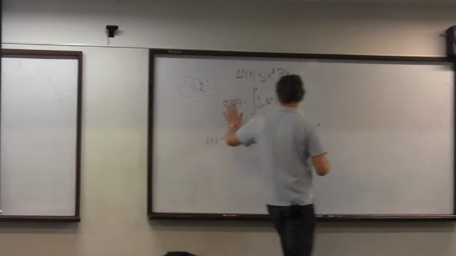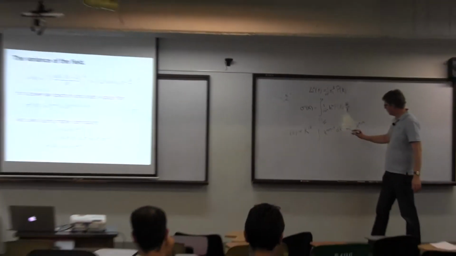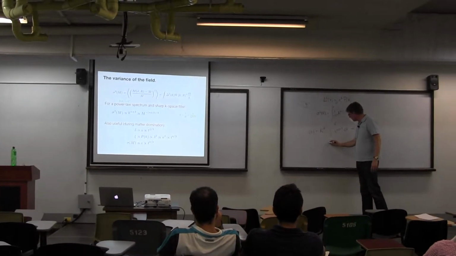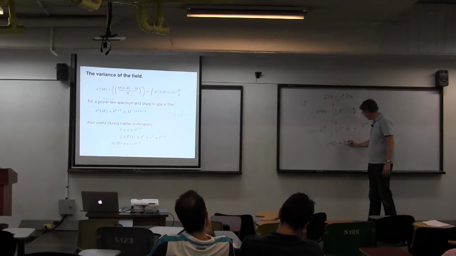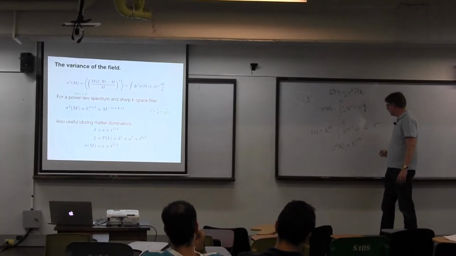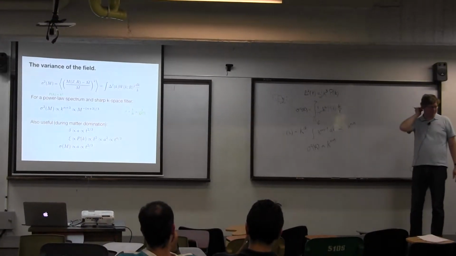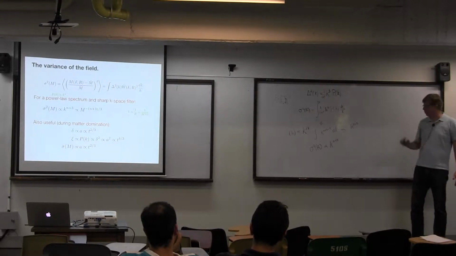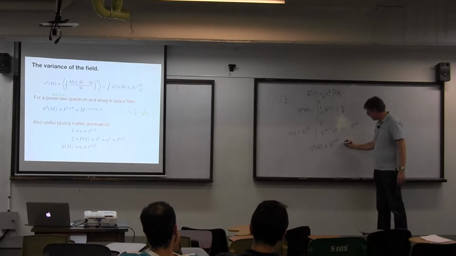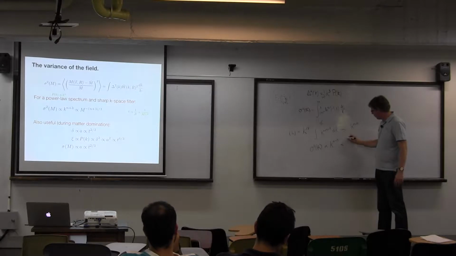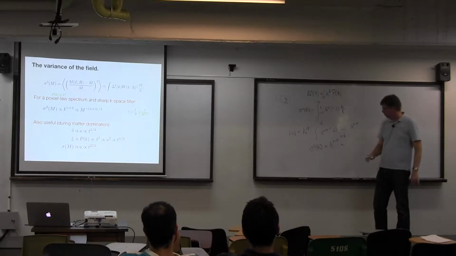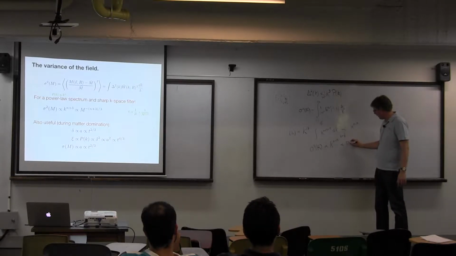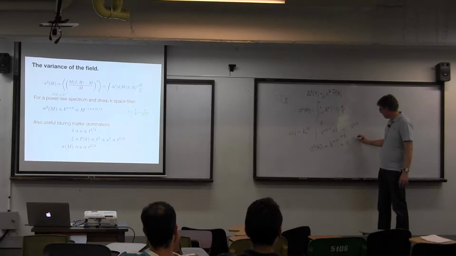Now in this particular case, I used r, so sigma of r is proportional to k to the n plus 3. But Fourier space is not somewhere we like to be. So it's much more useful to recall that k is proportional to 1 over r. Ignoring all the proportionality constants, this goes as r to the minus n plus 3.